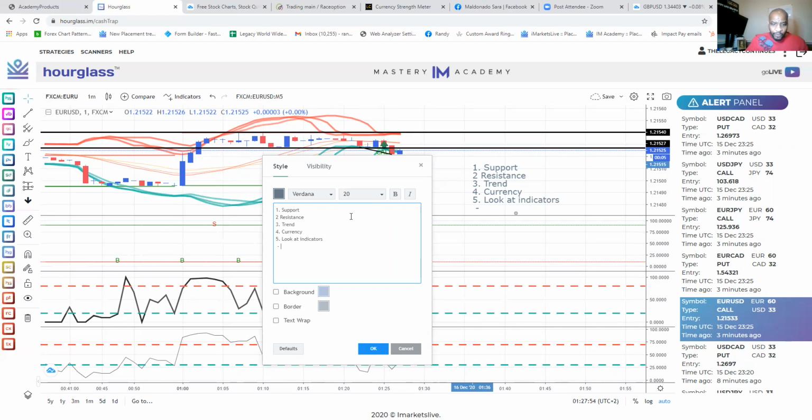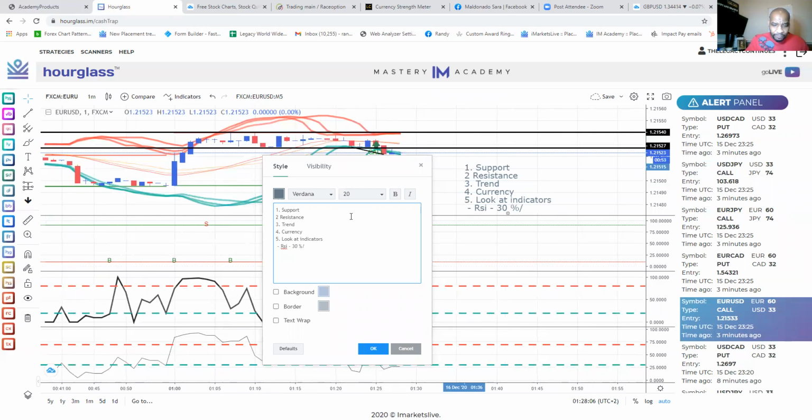And then we have RSI, 70 passing through 30% for a call. Passing through 70% for a put. So call is passing through 30%.